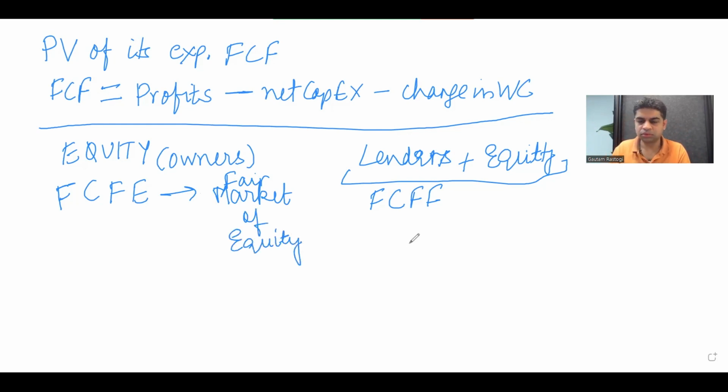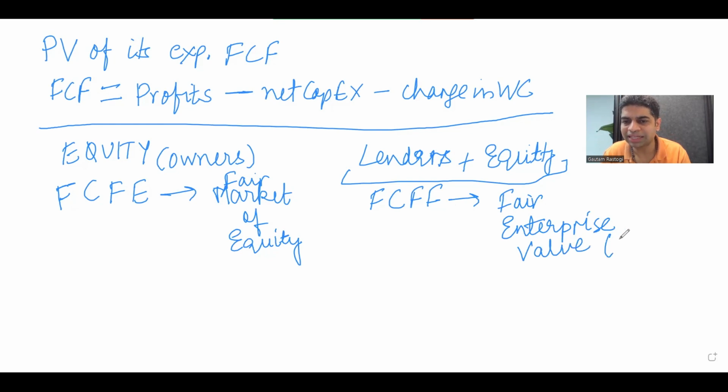And when you estimate FCFF, free cash flow to firm, and then discount it back to the present, the value that you get is called fair enterprise value, or EV.